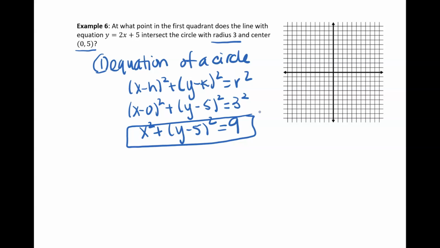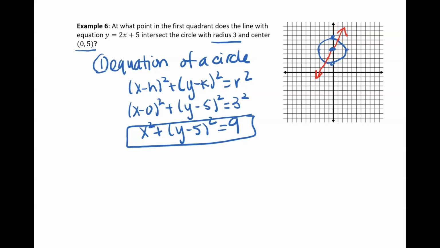Next thing I want to do, let's graph it, 1, 2, 3, 4, 5. And then it has a radius of 3, so 1, 2, 3. If this is our circle, and we want to see where y equals 2x plus 5, that would look something like this.